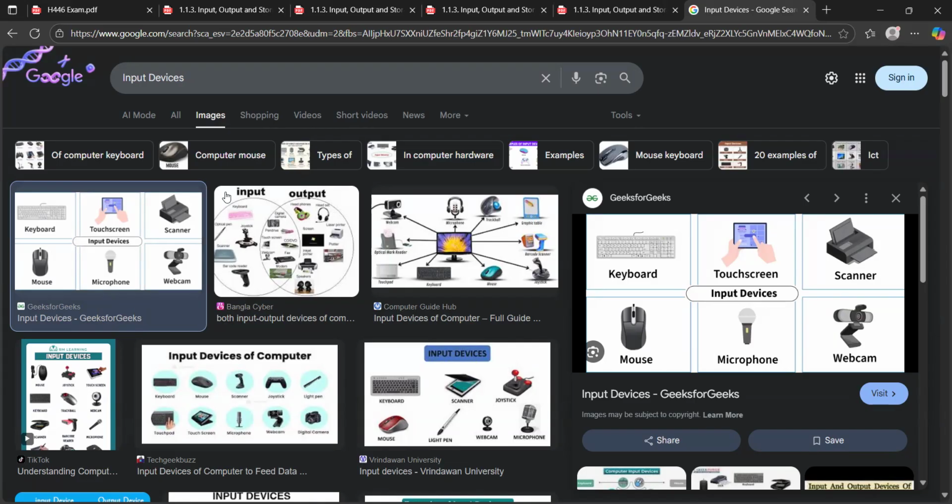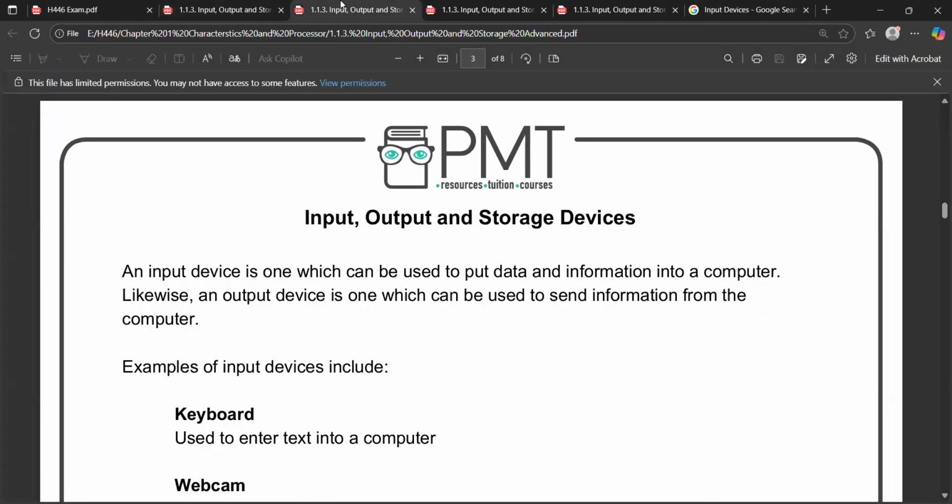What are some of the input devices? This is like an example of a keyboard, a touch screen, a scanner, a mouse, a microphone, a webcam, because they are used for you to interact with and send instructions to your computer system.